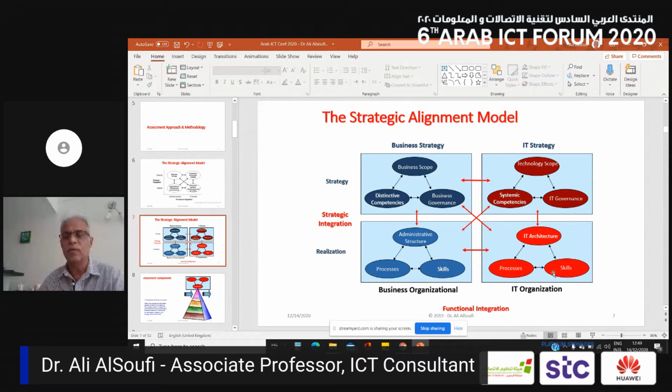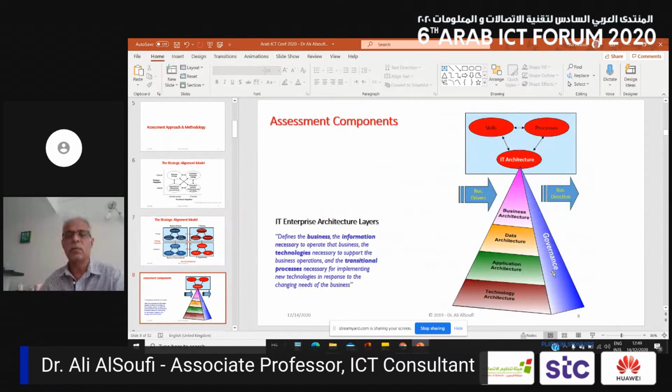IT organization. So the next level, and now I'm going into more technical details: the skills, processes, and IT architecture. So what is IT architecture? Some of you, or most of you, might not be in IT, so this will give you some insight. What do I mean by IT architecture?